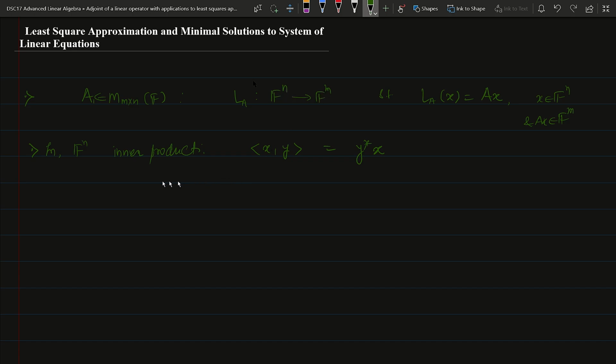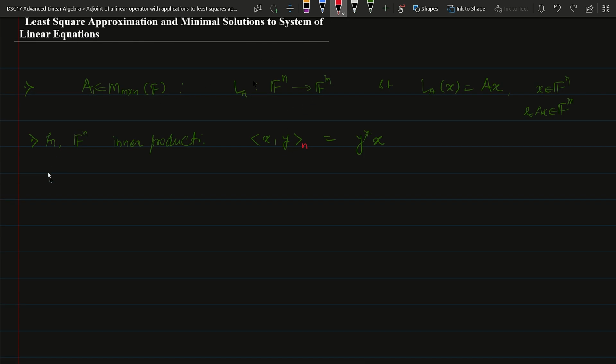To distinguish between the inner products for a particular vector space, we use a notation that will specify where we are talking. So if we write the inner product with subscript n, that means this inner product is in Fn. Likewise, if we write x comma y with subscript m, that means we are talking about the standard inner product in Fm.